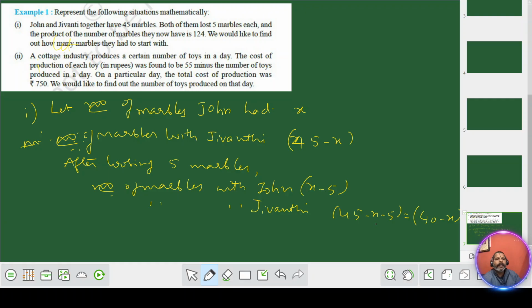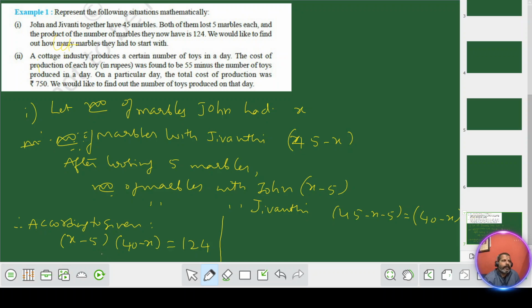Okay. Now, the product after losing the 5 marbles is 124. Therefore, you have to write like this. According to the given, how many marbles do they have after losing? John has x minus 5 and Jivanti has 40 minus x. Their product will become 124.